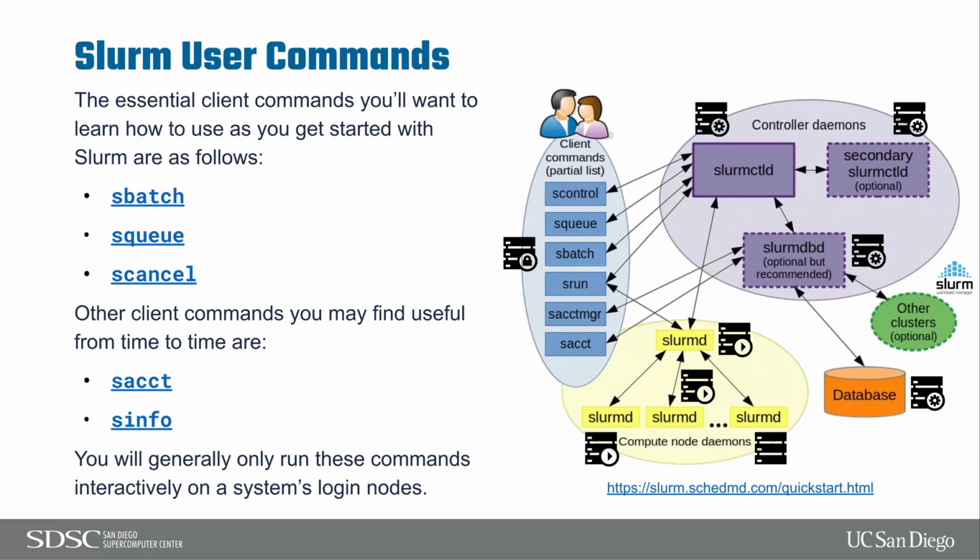For example, it'll know how long the job ran, how many compute nodes or CPUs or GPUs were requested. It even knows the state of the job when it finished. And then sinfo is to get information about the nodes themselves. But we'll see a quick overview of those as I walk through these slides here.